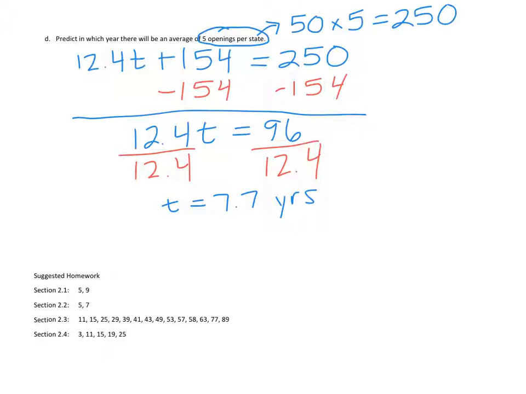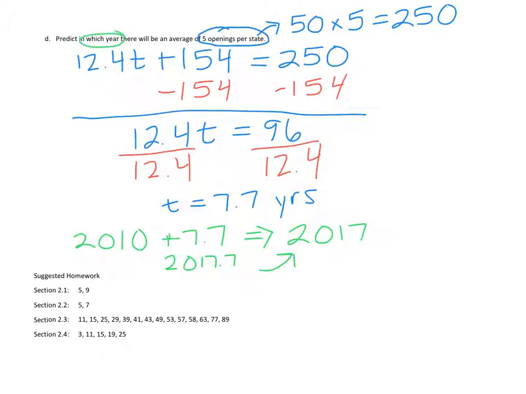Well, it's going to be 2010 plus 7.7 years. So we'll be about more than halfway through the year 2017. So yes, technically the answer is 2017.7, but that would put us in the year 2017. So 2017 is our solution.